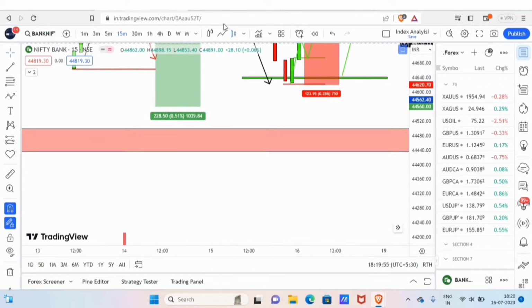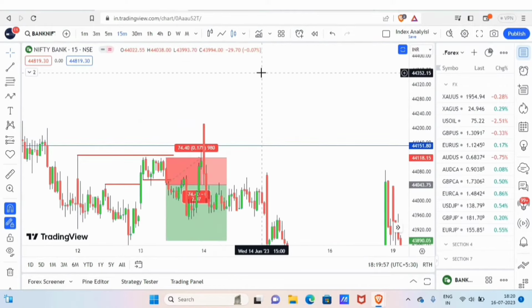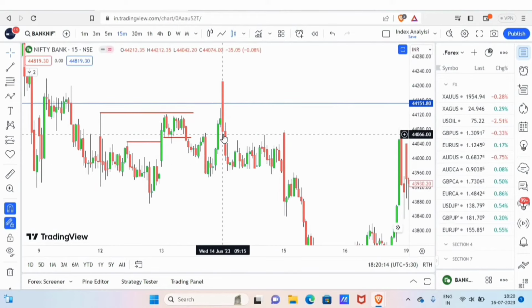Okay, so I can show a few more examples in the chart. What we see here on 14th June is a huge gap up, but it was not a green candle, which shows signs of bearishness.